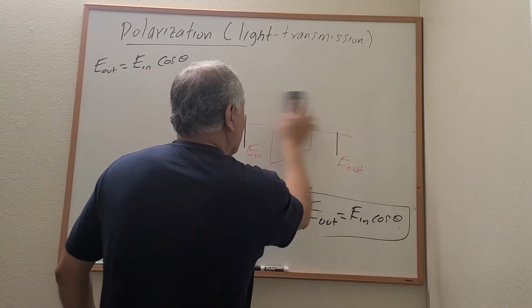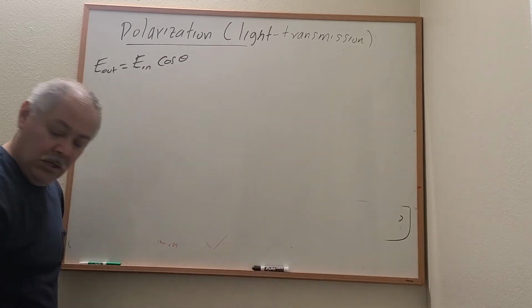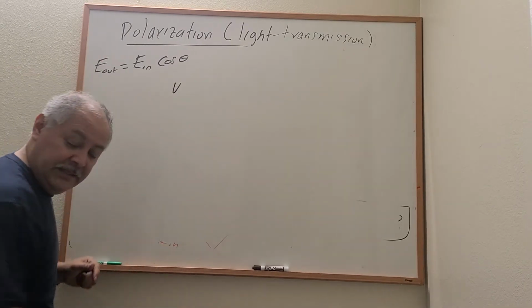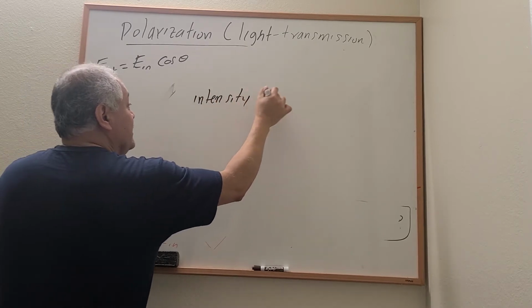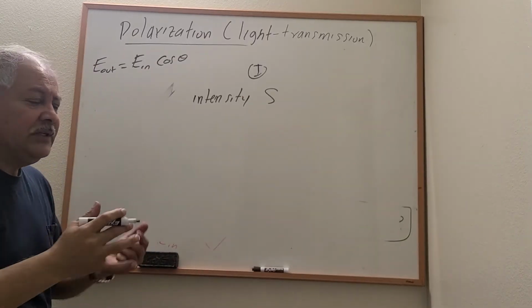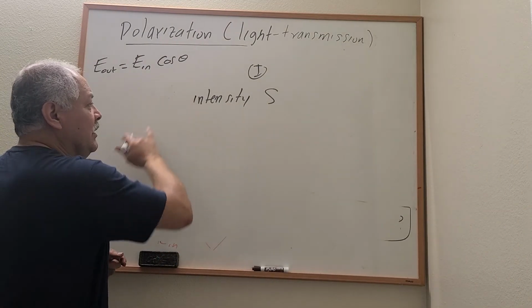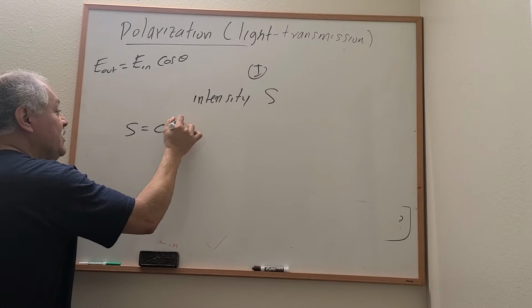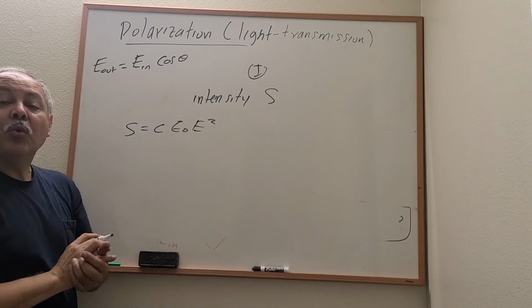Look, when we involve intensity, remember the symbol for intensity is S. Also, we can use I. Usually we use I, but for the book that I'm using for this lecture, the symbol is S. Now, we found in the previous video that intensity is defined as c epsilon naught times the magnitude of the electric field squared.